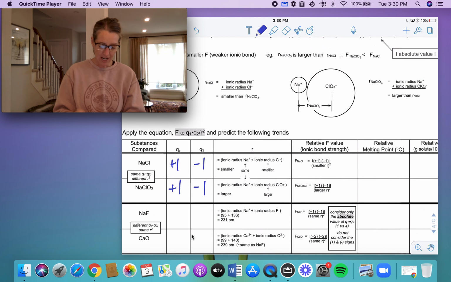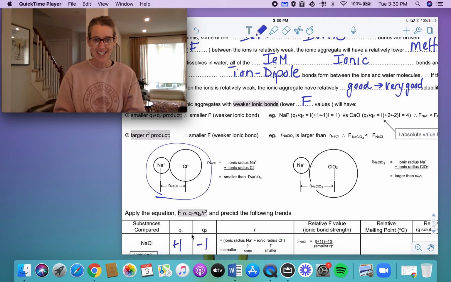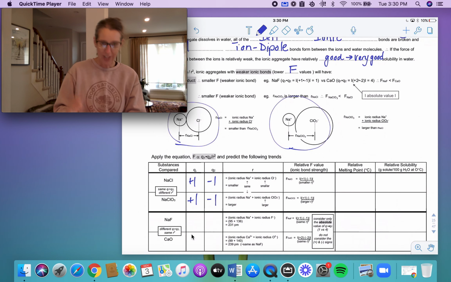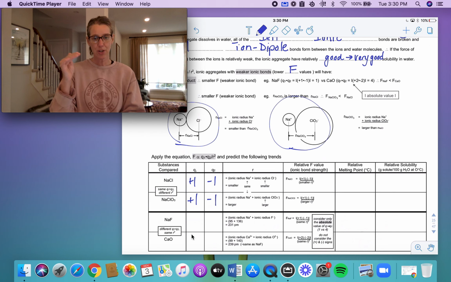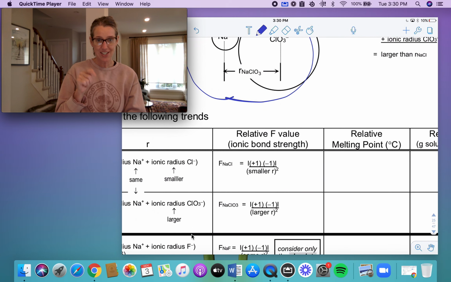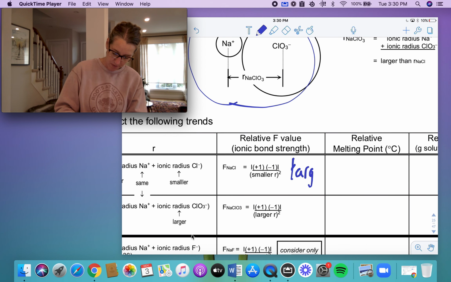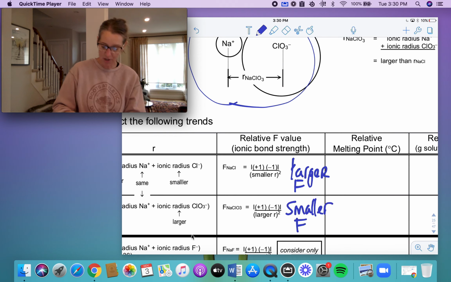You can see here that the radius between these two ions is a lot smaller than the radius between these two ions, okay? When you put those values into a calculation, and again, you're not going to have to memorize this formula, I just want you to memorize these two trends. The trend then is that the force between a sodium and chloride ion is going to be larger than the sodium chlorate. You're going to have a smaller force.